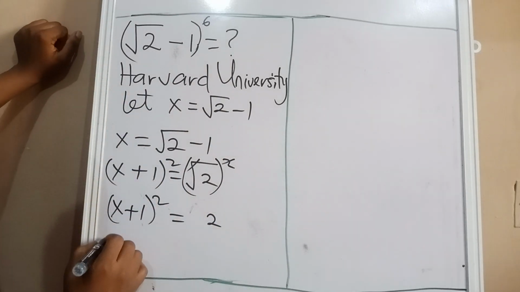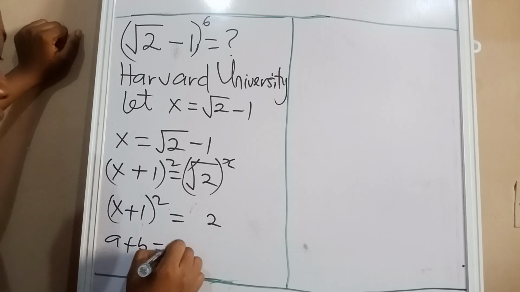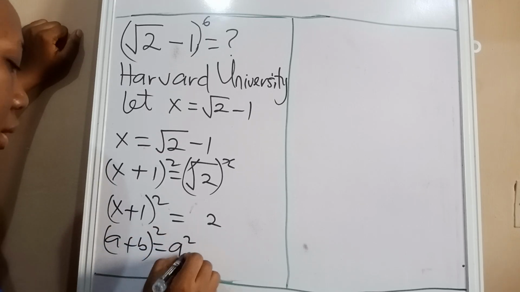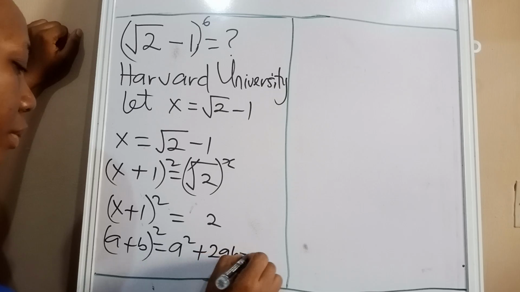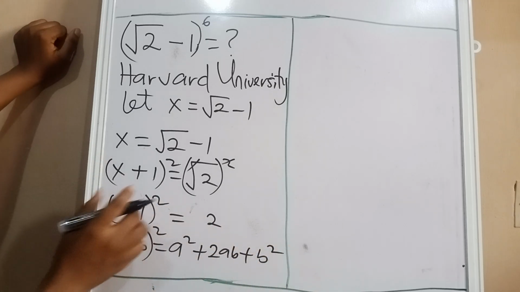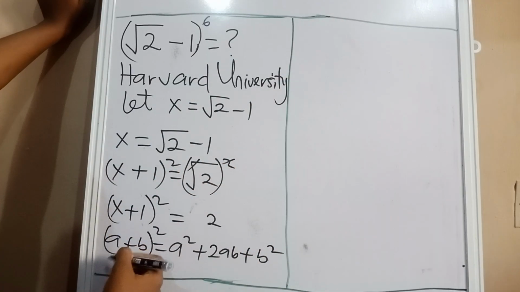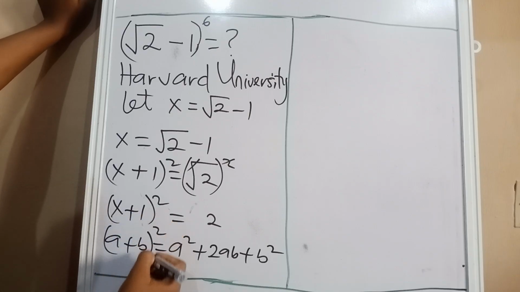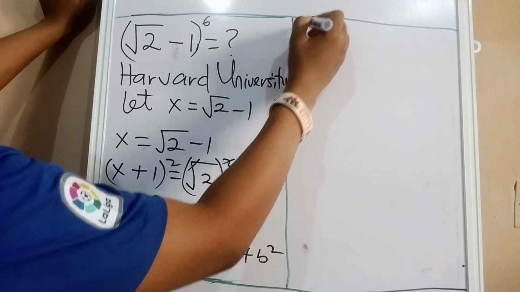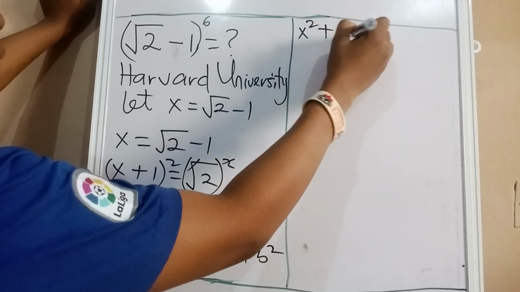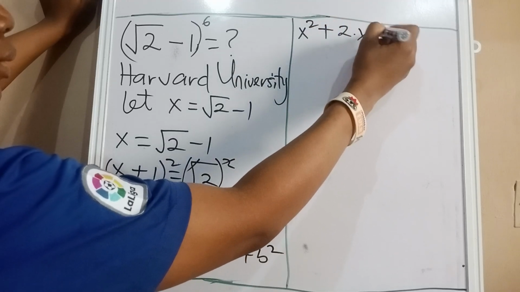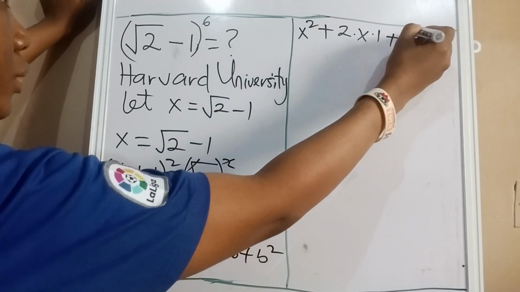So we expand using (a + b) squared equals a squared plus 2ab plus b squared, where x is a and 1 is b. So we have x squared plus 2 times x times 1 plus 1 squared.